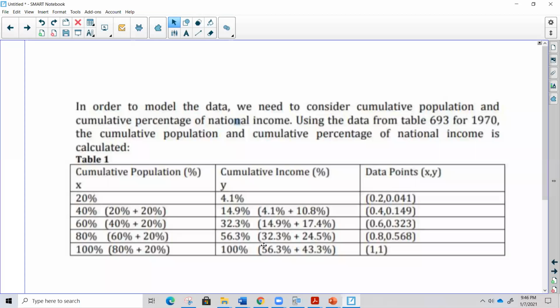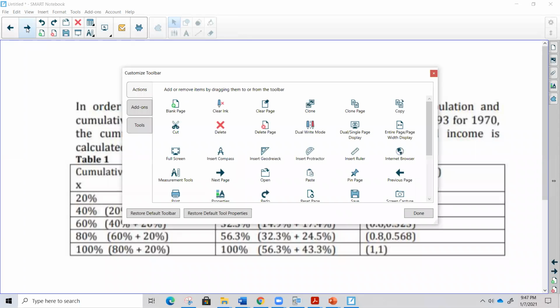Okay, and they actually have a typo here. This should be 56.8. They fixed it here, 568, but here they have 56.3. So just know that it's a tiny bit off, and then they rounded this to 100% to make it 1. Either way, it should give you the same answer when we do this. So that's how you get your table.